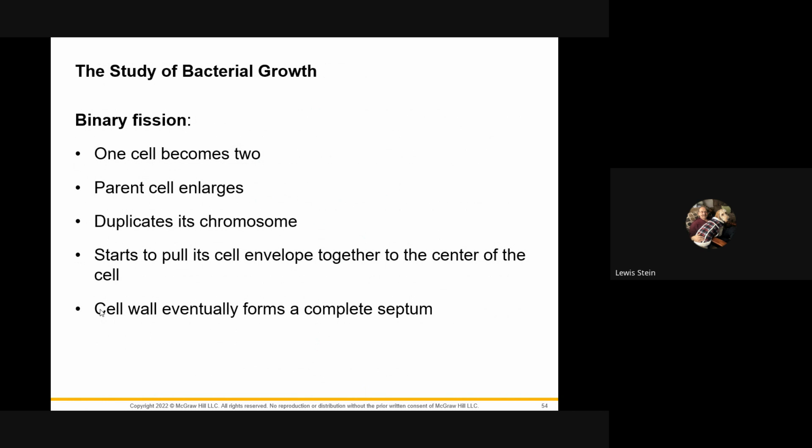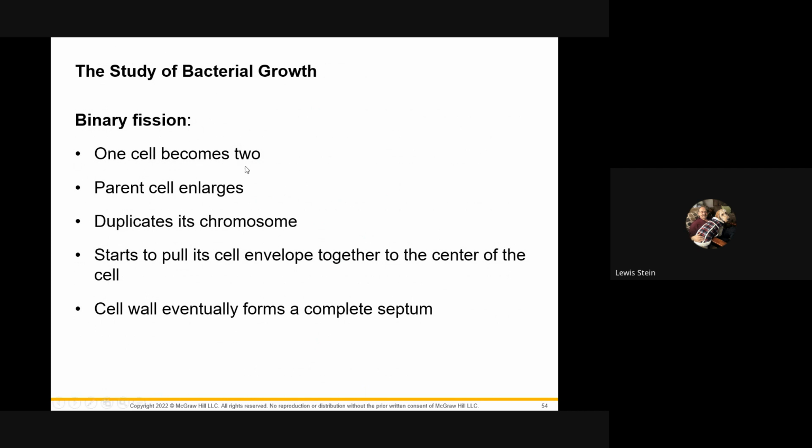There are limitations to the amount of space and a limitation to the amount of nutrients. And why is the space important? Waste products. Because it's metabolism. They're gobbling stuff up and there's waste materials that are produced. That's the significant thing. So that's the jumping off point to understand the bacterial growth curve.